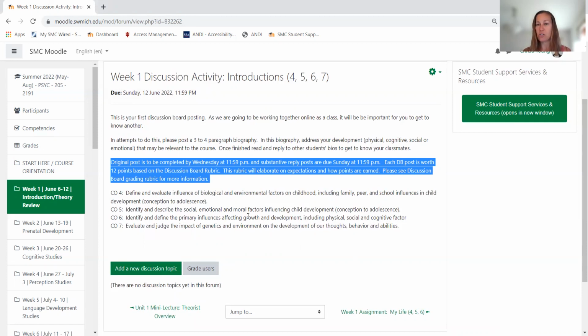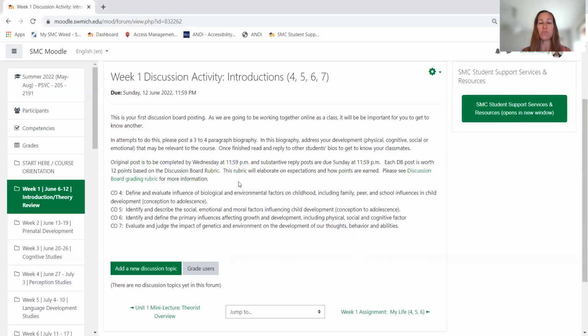The first one has to do with the initial post, which is due Wednesday at 11:59 p.m. The reason why that is so is because your classmates have to form 2 response posts to your original post. So they need time to do that. If I have it due by Wednesday, everyone has plenty of opportunity to do those replies. So the rubric, as I mentioned in the navigation video, will walk you through how to get full credit for that post.